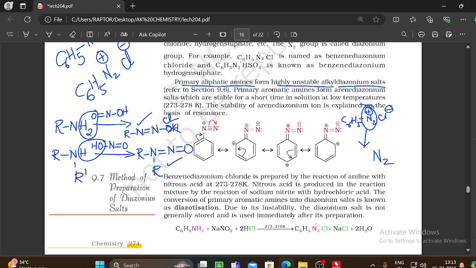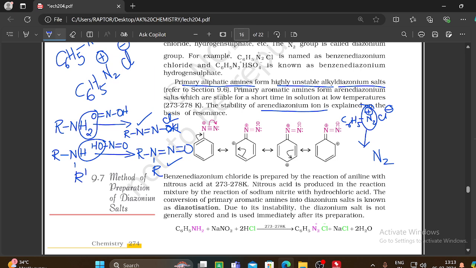And when you take the aromatic diazonium salt, we have already seen the arene diazonium ion. In the case of aniline, we have seen the anilinium ion. The anilinium ion is less stable than aniline.